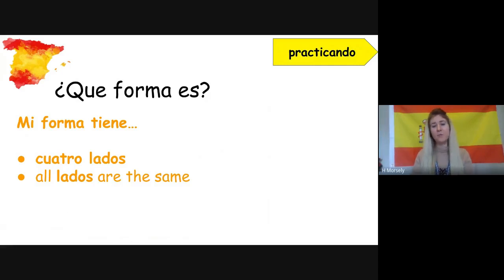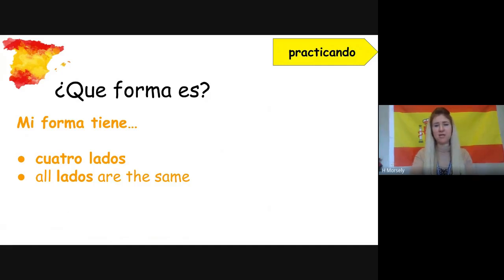So this one, it says, ¿qué forma es? What shape is it? Mi forma tiene 4 lados, and all its lados are the same. So it's got 4. That's 1, 2, 3, 4. 4 lados, and all its lados are the same.